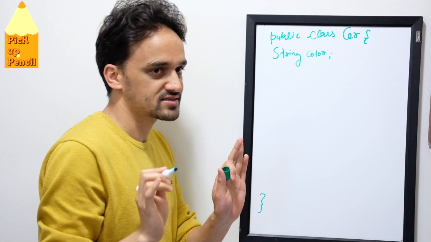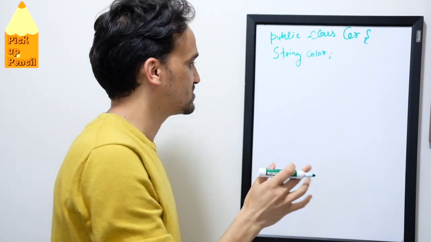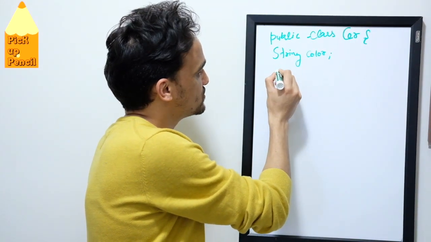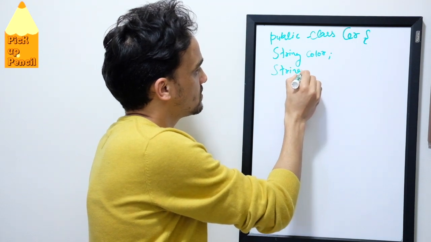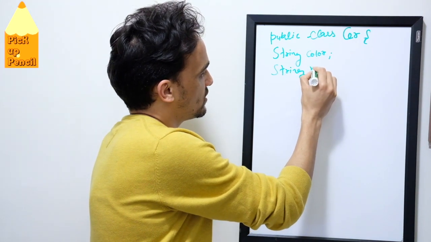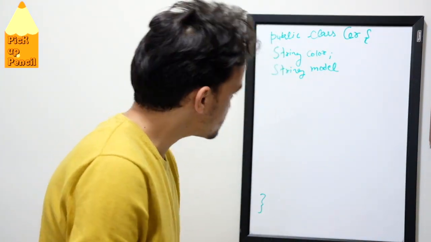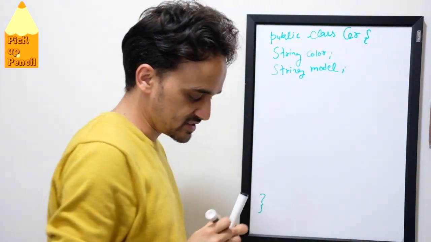We are just defining it, that's it. We are not assigning the color right now because it's a structure. Now the second data member, we are going to create is String model. So these two are the data members we have created.